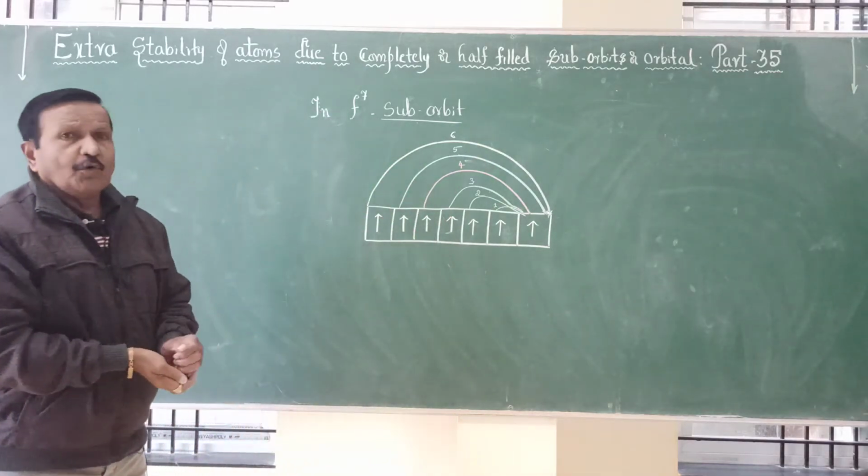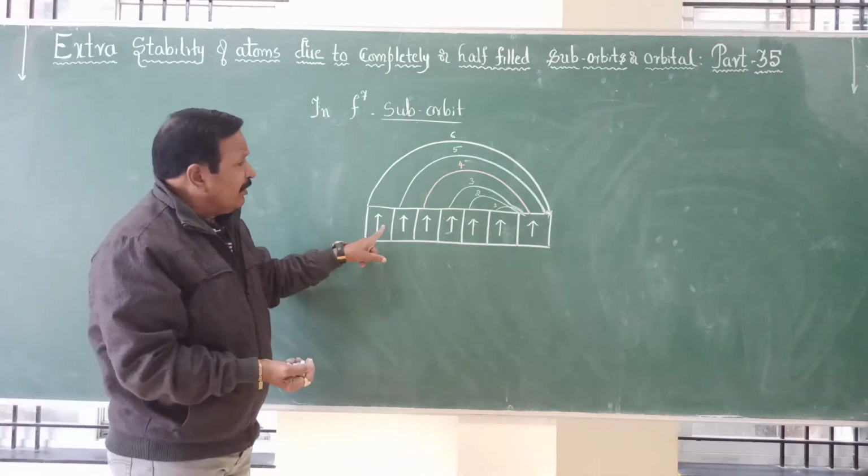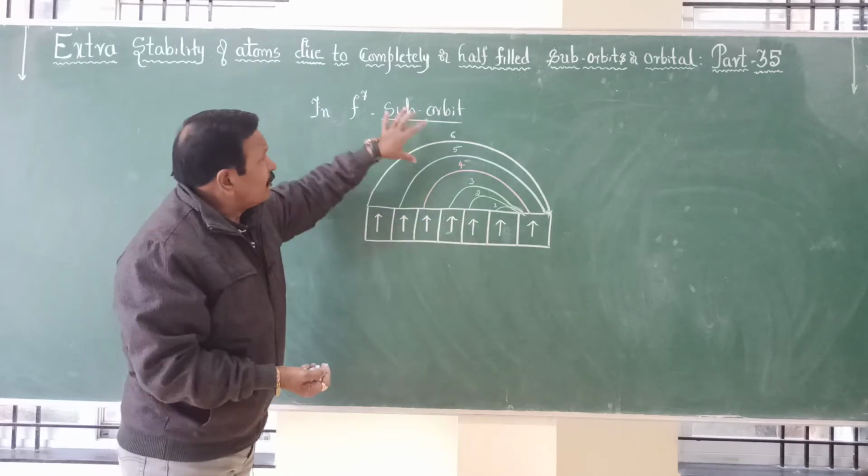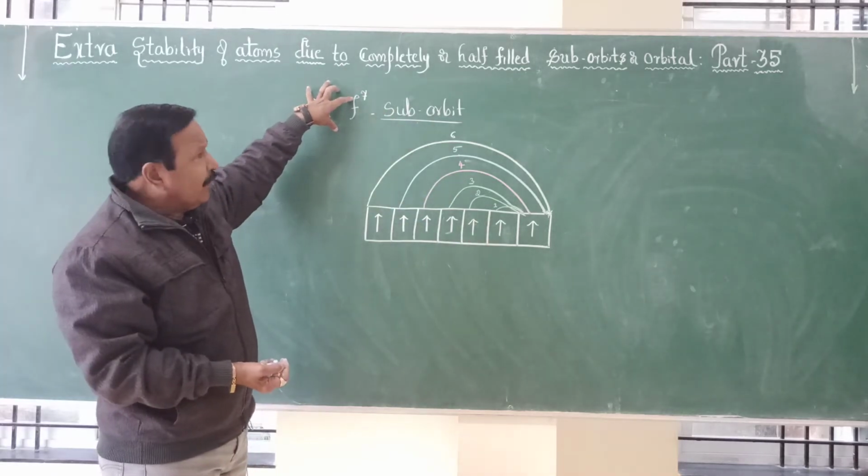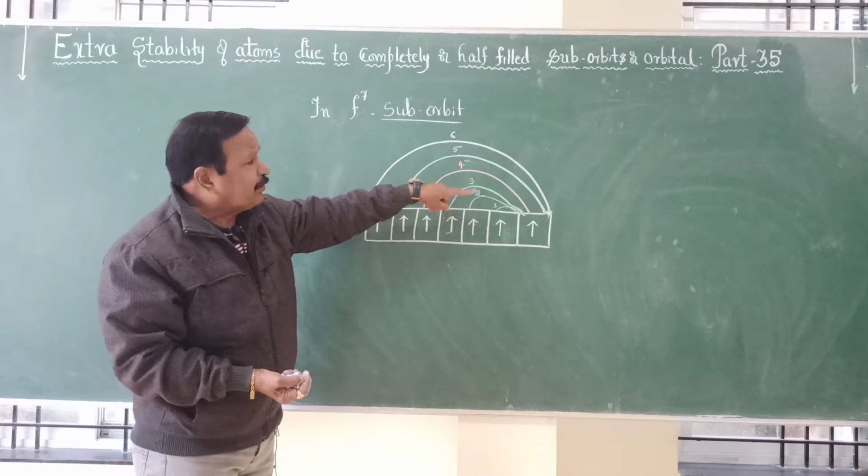What do you mean by exchange? This can move here, here, here, here. So for 7 electrons, it is one less: 6, 5, 4, 3, 2, 1.